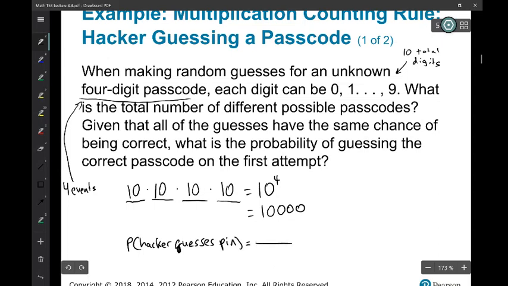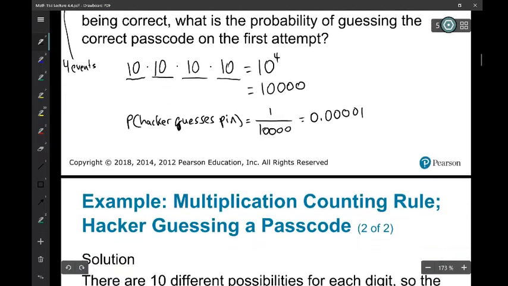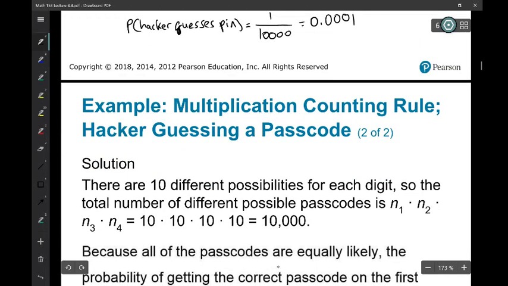There's only one correct PIN out of the 10,000 possibilities, so 1 out of the sample space of 10,000, or 0.0001. Right.